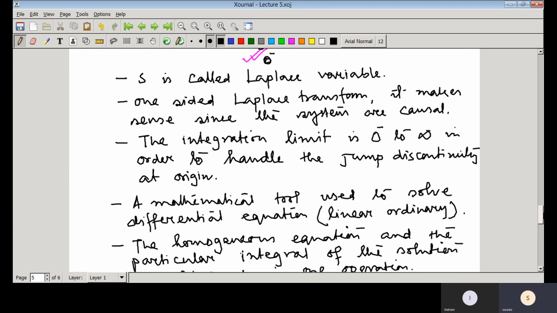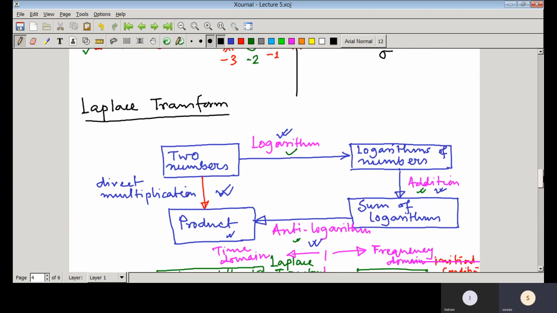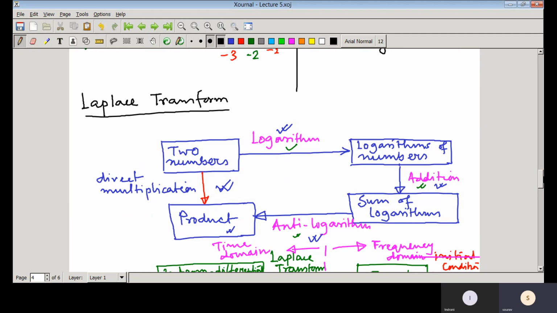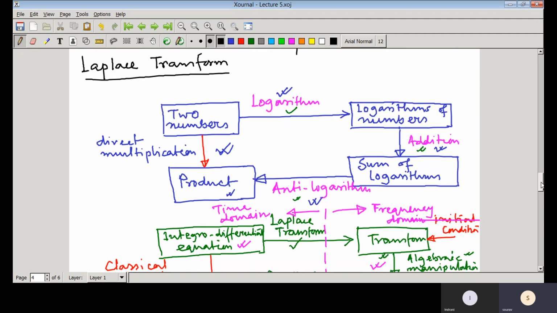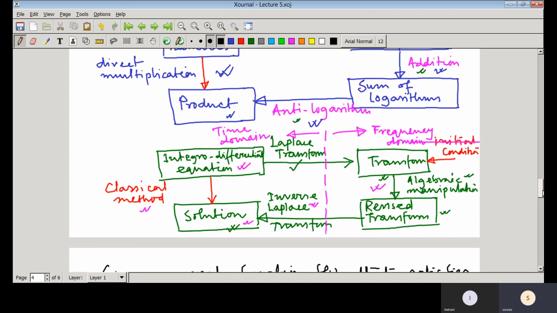So here let us see what we have discussed today, that is the Laplace transform. It is a transform, and we have seen how it is similar to that logarithmic transform. And one important thing is here in case of Laplace transform, before it is the time domain, and after that it is frequency domain that we will be discussing later.